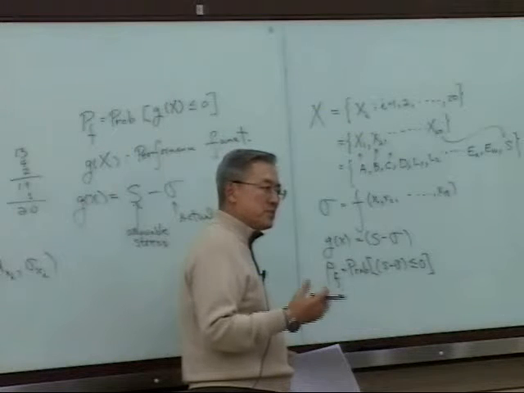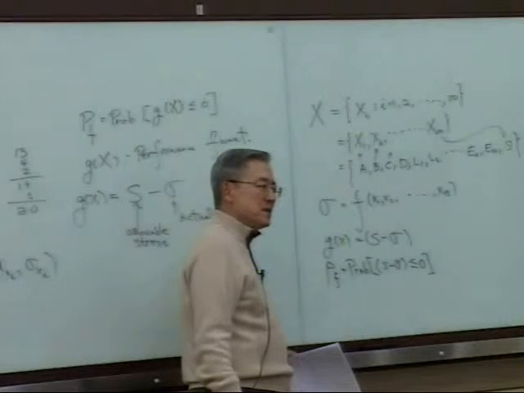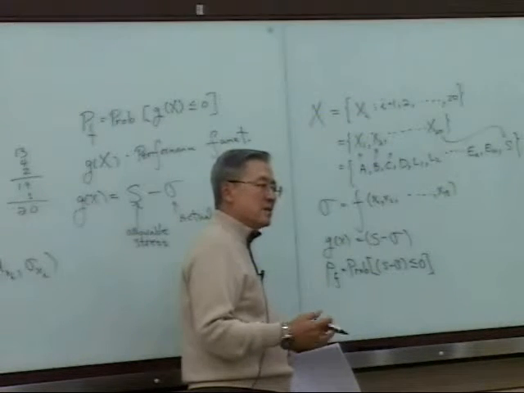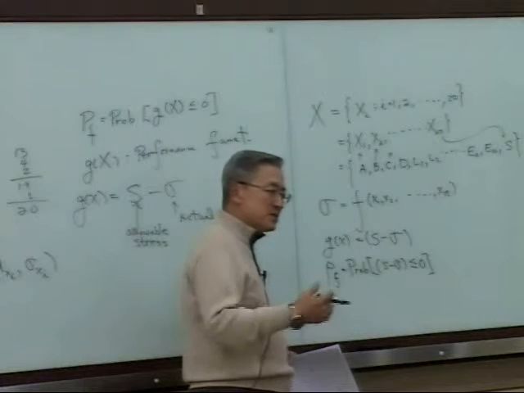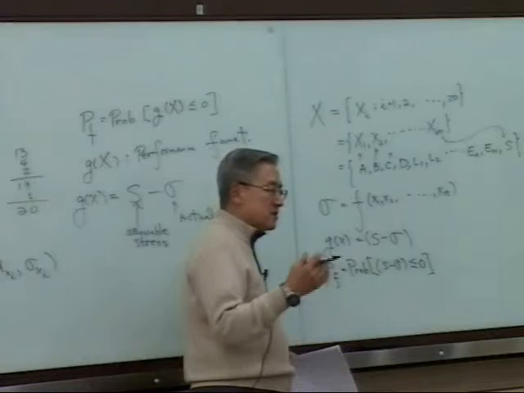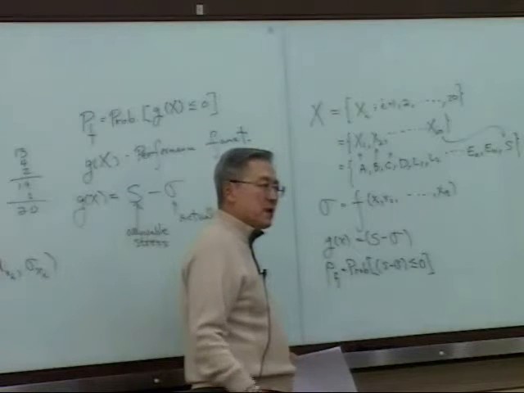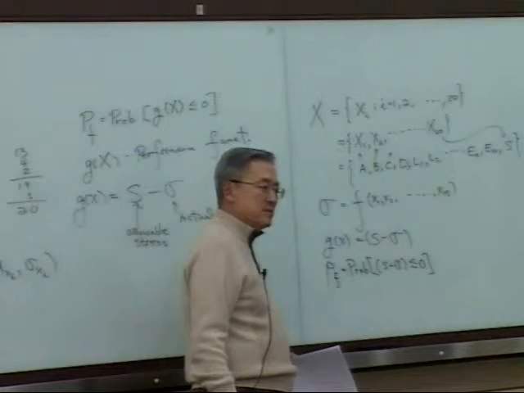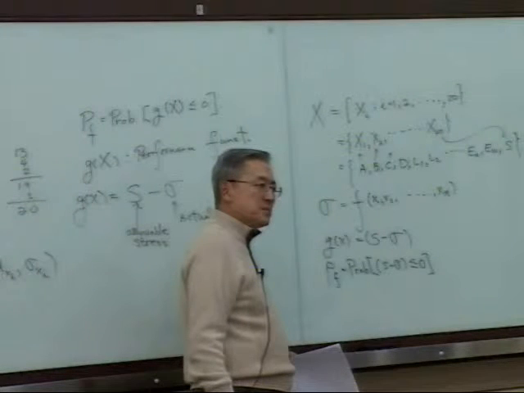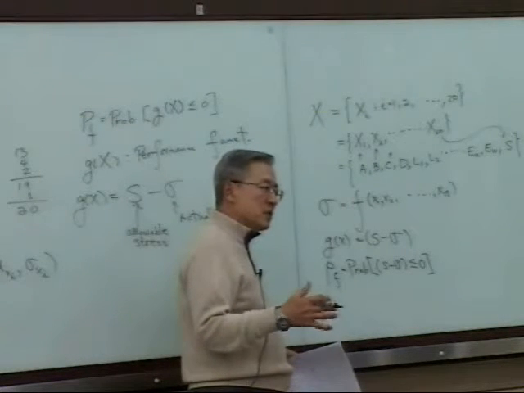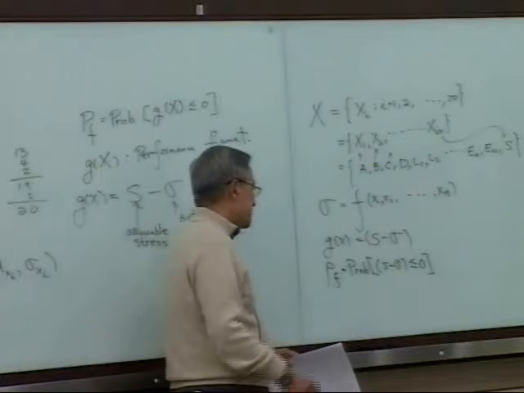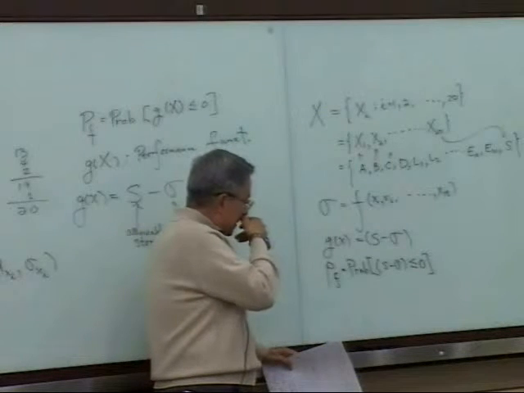If the performance function has higher nonlinearity, like x cubed, x fourth power, for example, then the PF may not be that great. So estimation quality may be low, and vice versa. But anyway, this is what you have here.